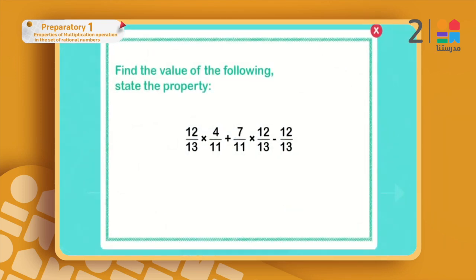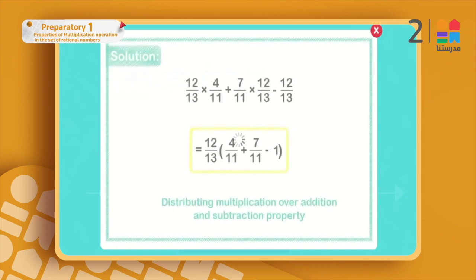In the shown example, find the value of the following and state the property. 12/13 times 4/11 plus 7/11 times 12/13 minus 12/13. Now let's solve the example.